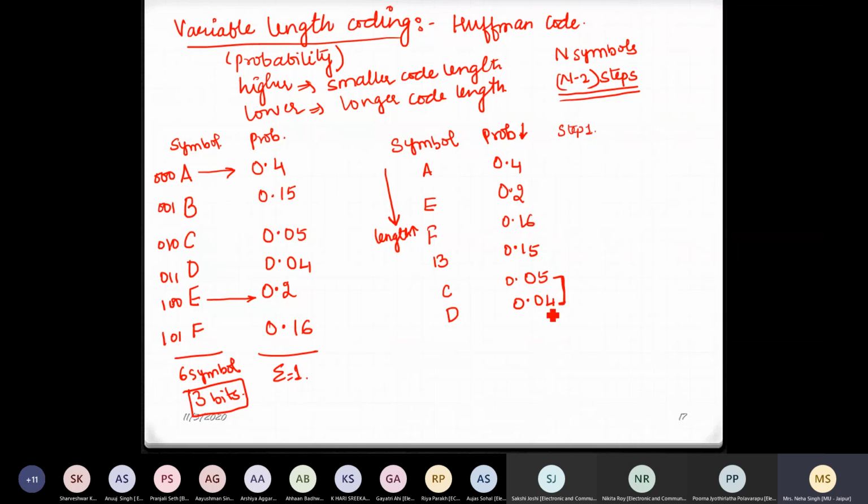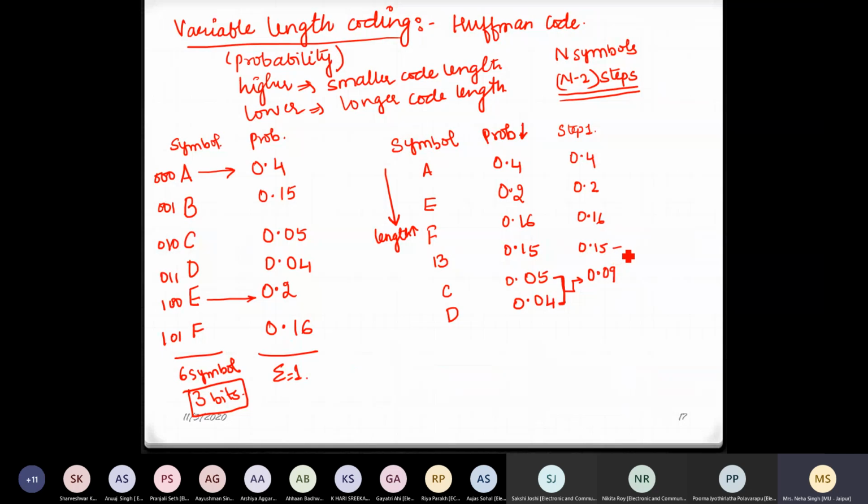So I add the last two probabilities, the lowest, which gives me 0.09. So I have the new set of probabilities as 0.4, 0.2, 0.16, 0.15 and 0.09. I need to rearrange them in descending order, so I preserve all this and this summation is placed here.